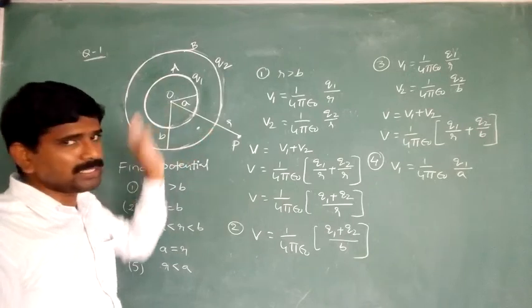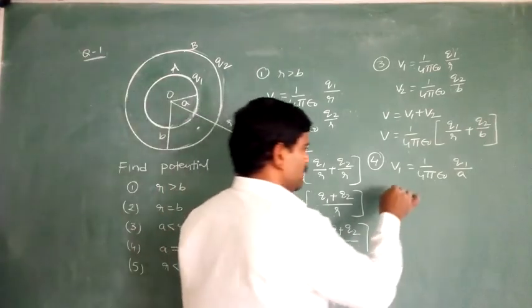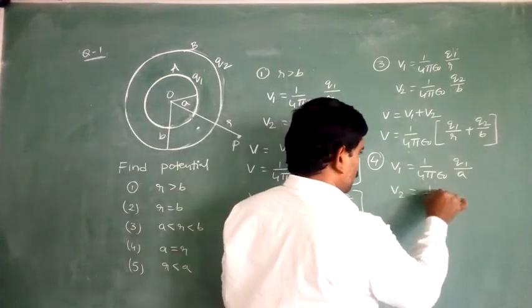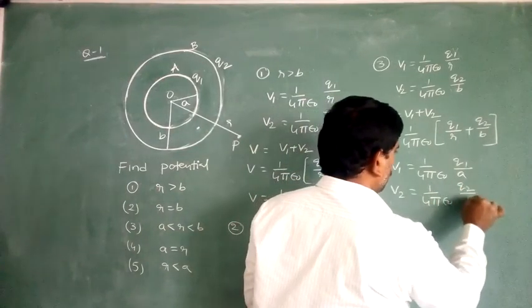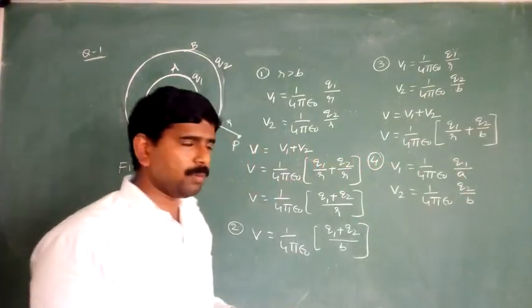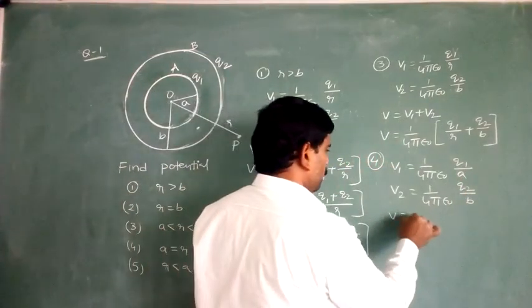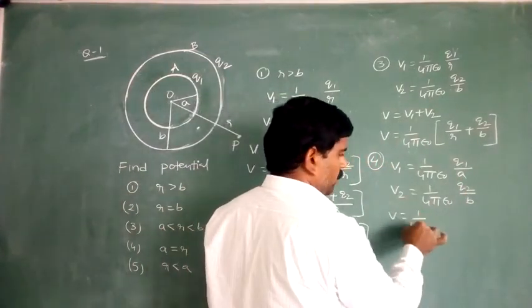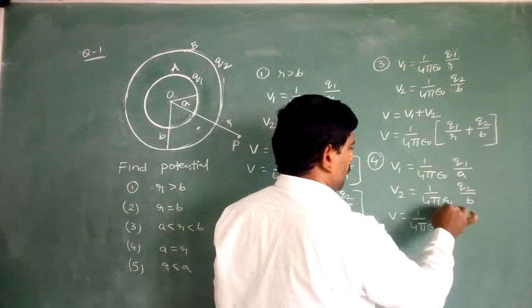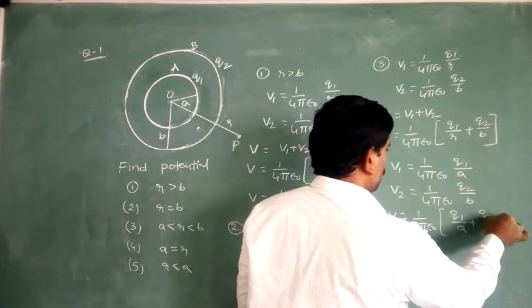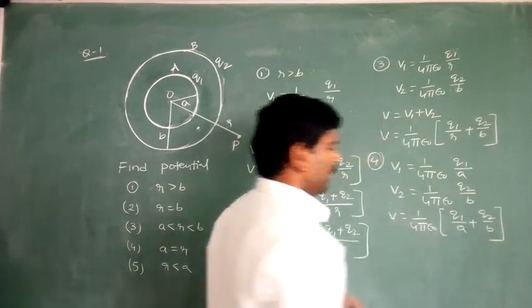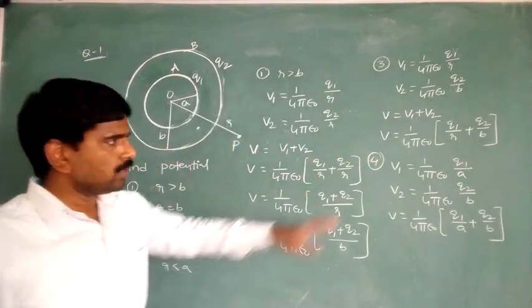Same potential is inside also for the second shell. Therefore V2 is equal to 1 by 4 pi epsilon naught into Q2 by B. Therefore V is equal to V1 plus V2, means 1 by 4 pi epsilon naught into Q1 by A plus Q2 by B. The fourth one.